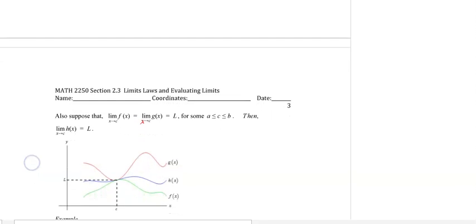Okay, and here's a nice visual diagram for you to figure that. Notice the g of x function is above the h of x function, and that is above the f of x function.